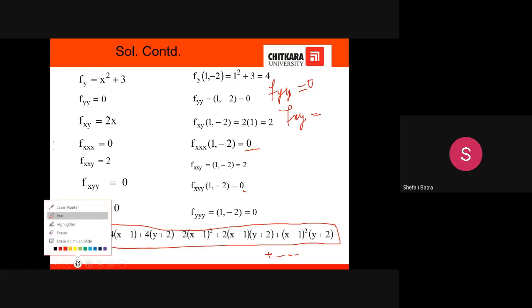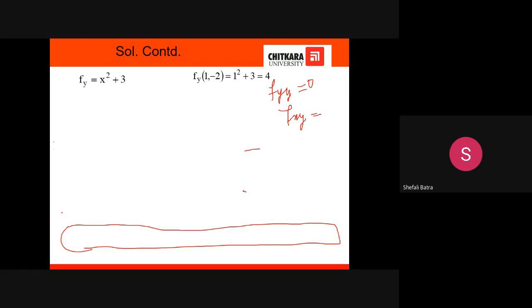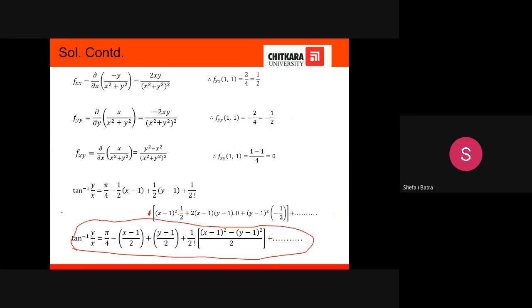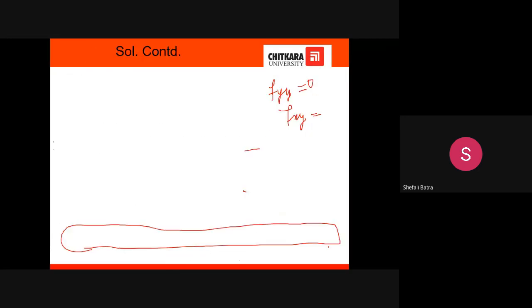So you will not put dots here. That means this is your complete solution. Right? In case of tan inverse, which you did in the previous question, the derivatives of tan inverse x exist, so in the answer we put plus dot, meaning it will go on. In case of polynomial, you will not put dot. Right?